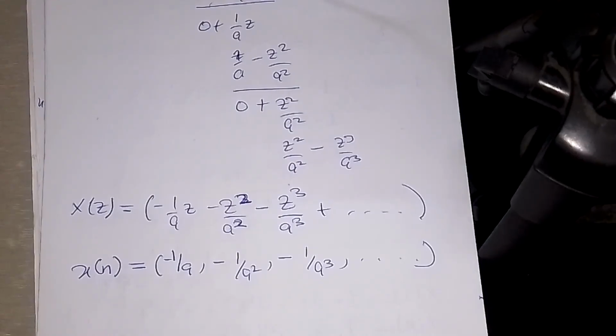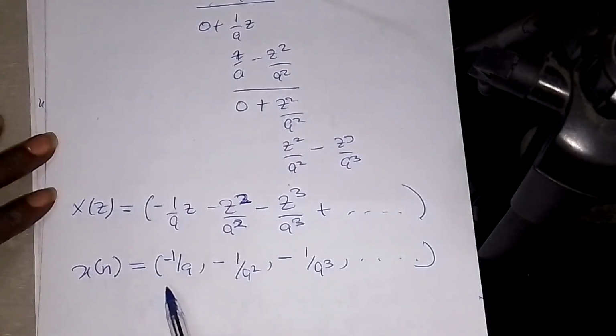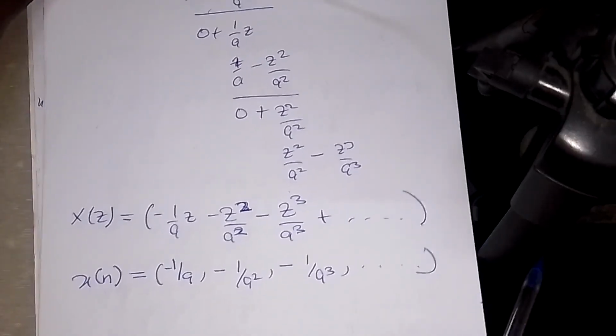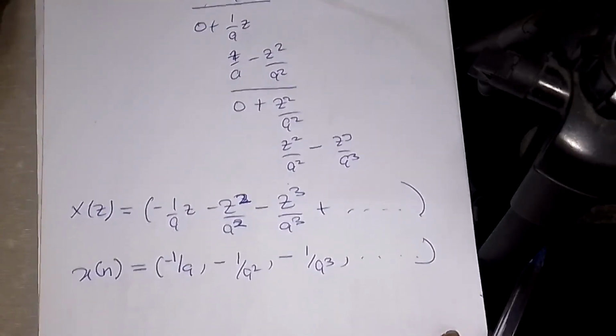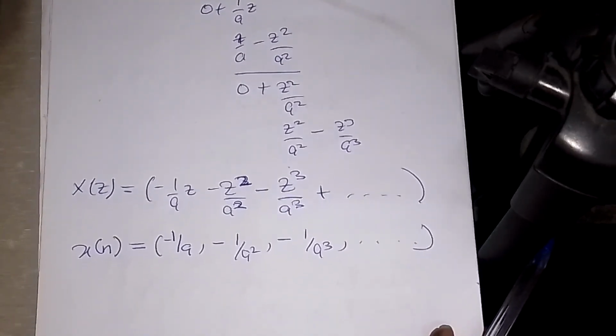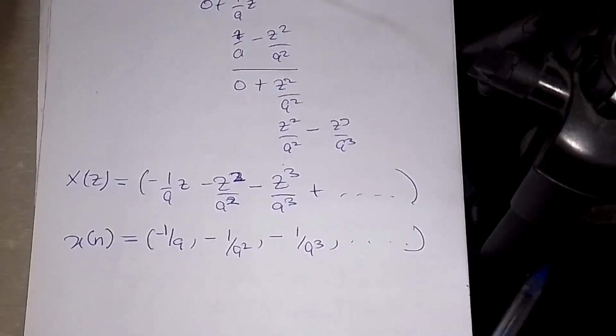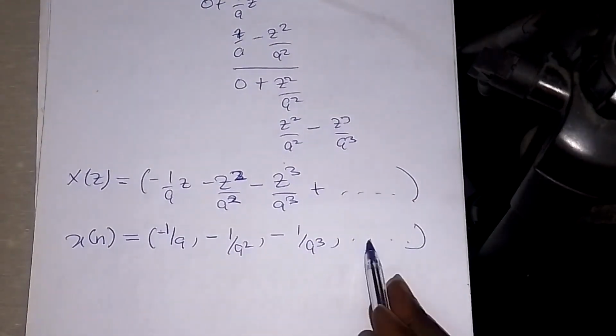But if I write my answer in this particular pattern, I will be wrong. Why? Because whenever we are talking about the anticausal sequence, that means it's from 0 to infinity. So if I write my answer in this manner, I'll be wrong.